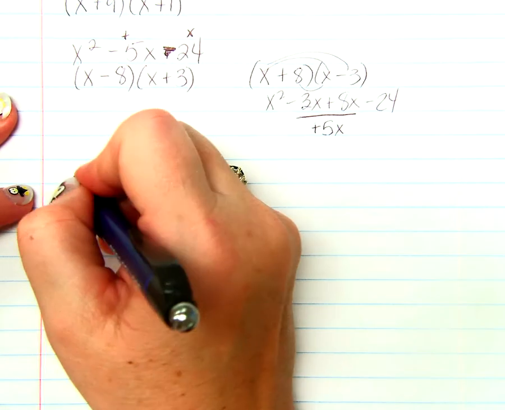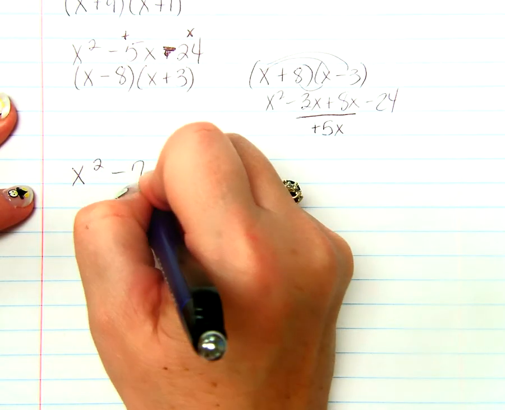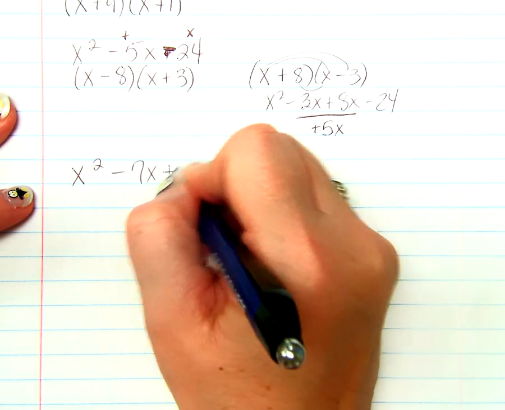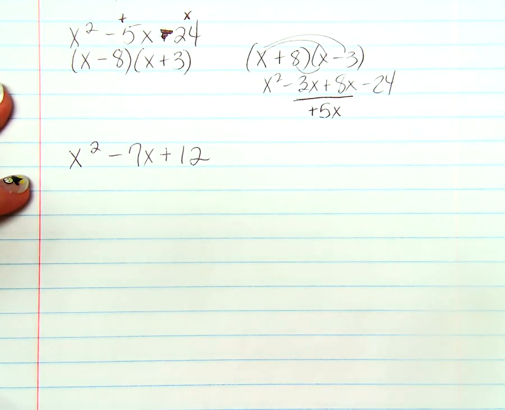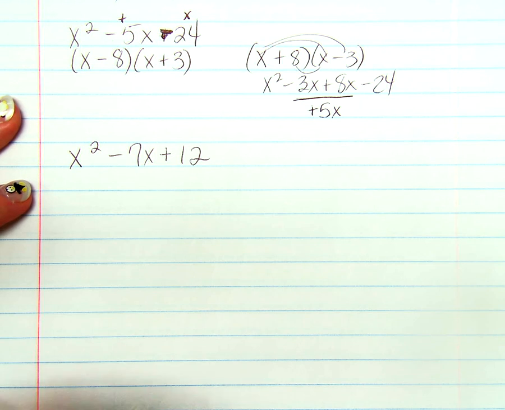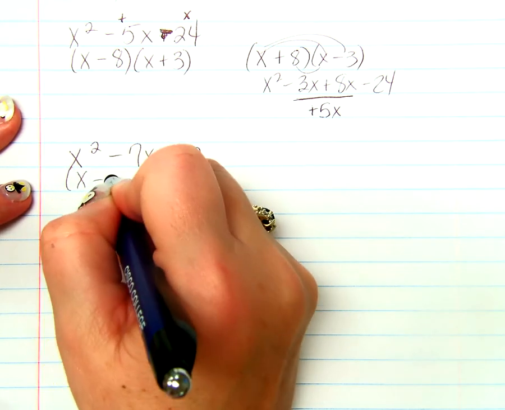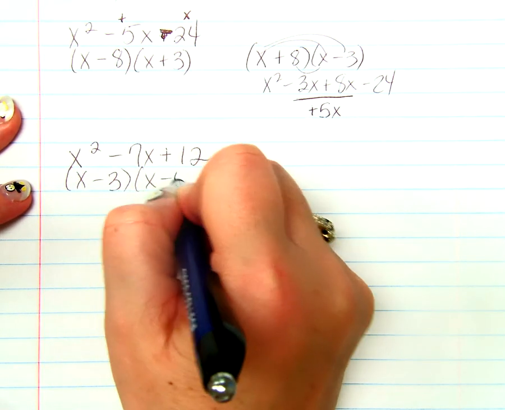All right, let me do one more for you. X squared minus 7x plus 12. Any ideas? Close. She said 4 and 3. That's close. Negative 4 and negative 3. Very good. X minus 3, x minus 4.